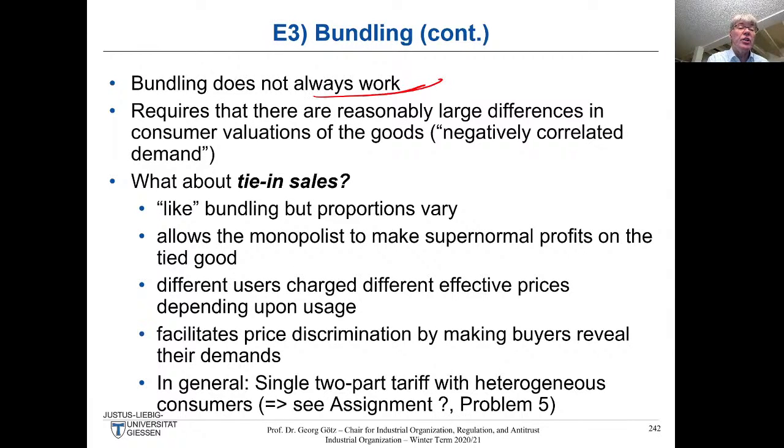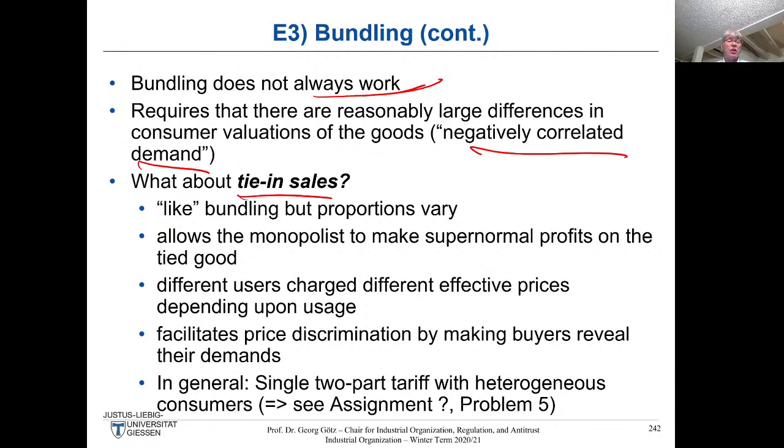So what we discussed in some detail is bundling. And it works as a price discrimination device. You really make use of these differences in willingness to pay for the different products, and you use the aggregate willingness to pay. Typically it's a good thing for you to use bundling if the valuations are negatively correlated. What about tie-in sales?